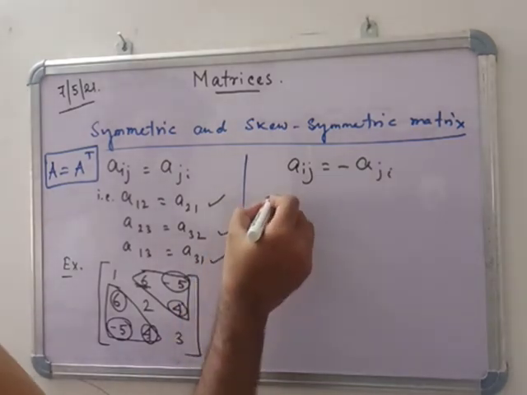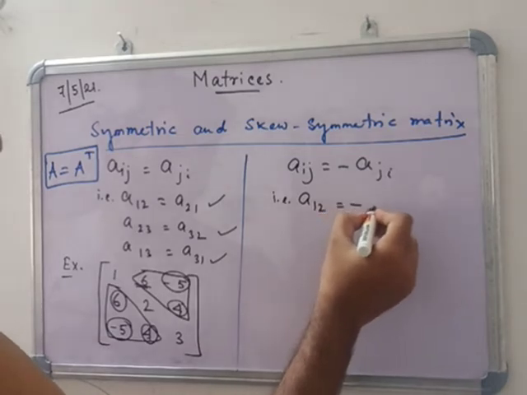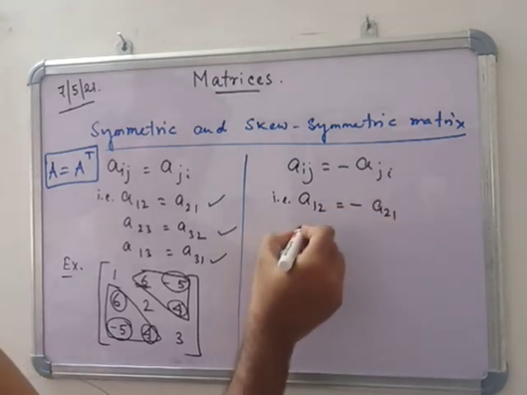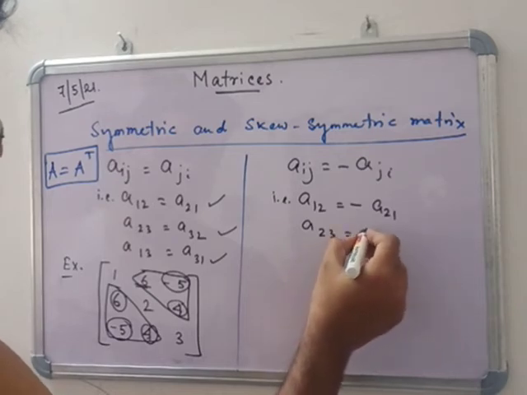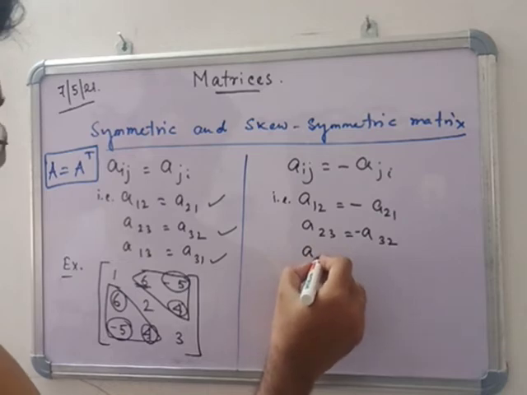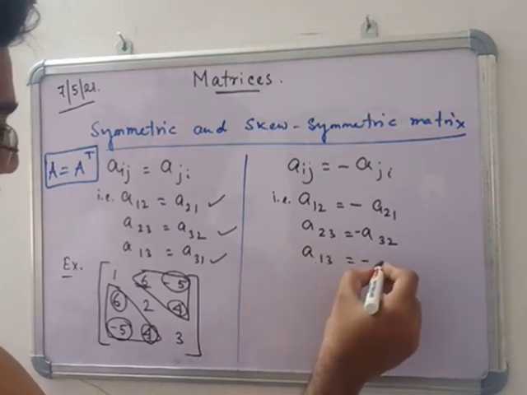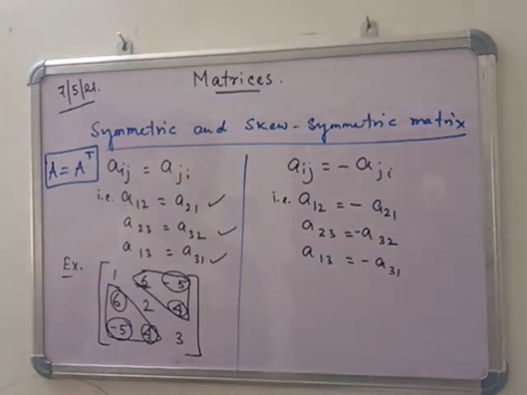That means A12 equals minus A21, A23 equals minus A32, and A13 equals minus A31. So these are skew symmetric matrices.